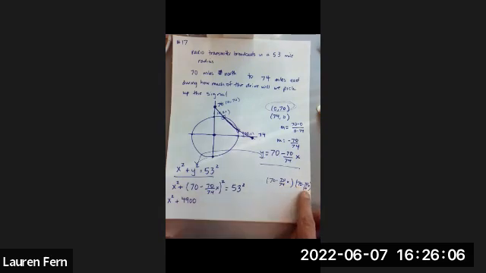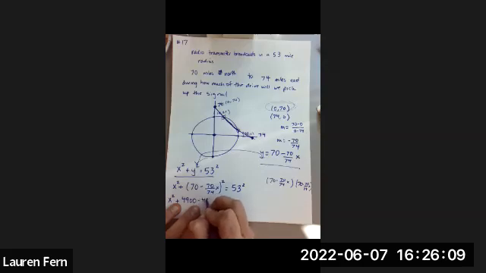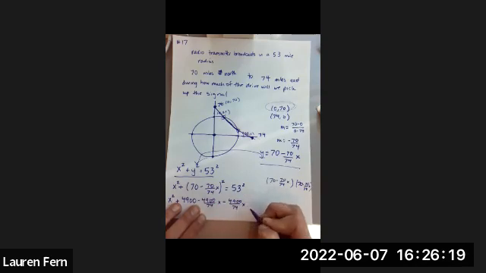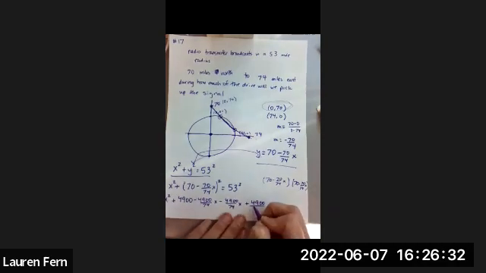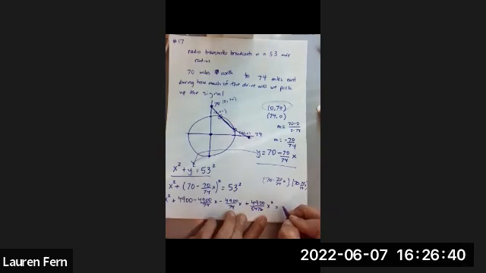Multiplying the outside terms, I get minus 4,900 over 74 x. Inside terms, minus 4,900 over 74 x. And then my last terms, 70 over 74 times 70 over 74, is 4,900 over 5,476 x squared. And that's equal to 53 squared, which is 2,809.